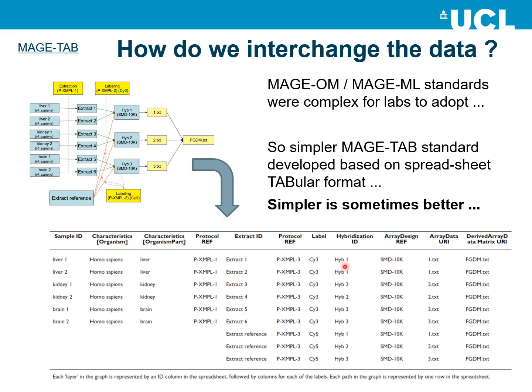This was hybridization 1, the array design and the output file. And then what else got put onto hybridization 1? Well, liver 2, Homo sapiens liver, these protocols, Cy3, hybridization 1. What else was on hybridization 1? Well, the extract reference, using this protocol to dye it with Cy5, it went on to hybridization 1 to produce the output file 1.txt.